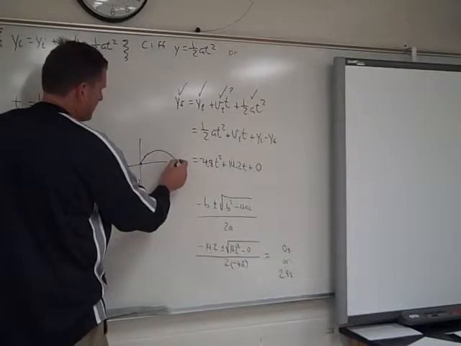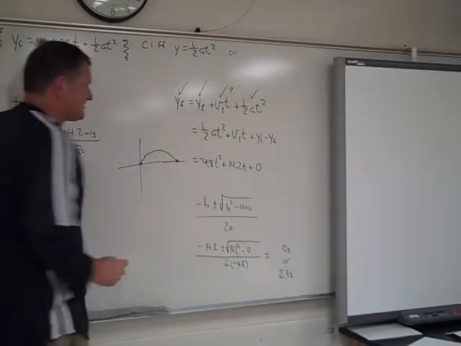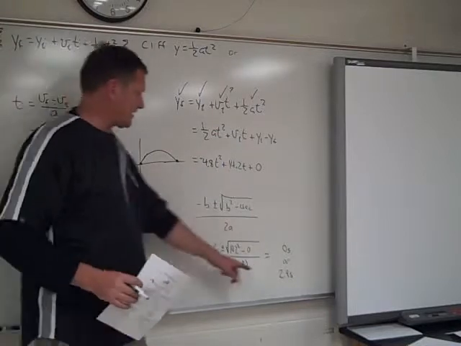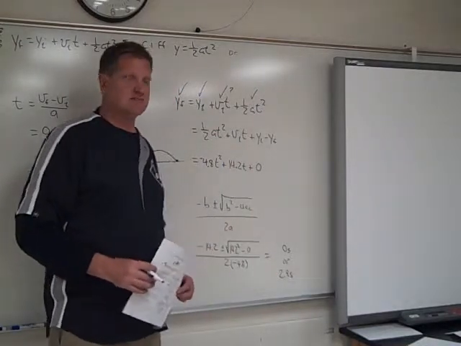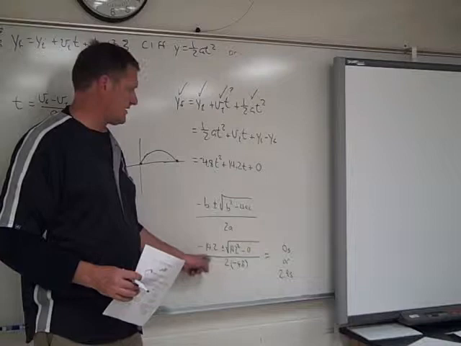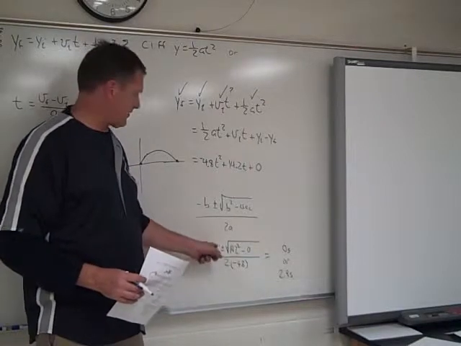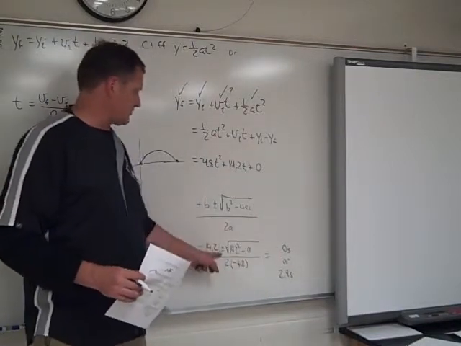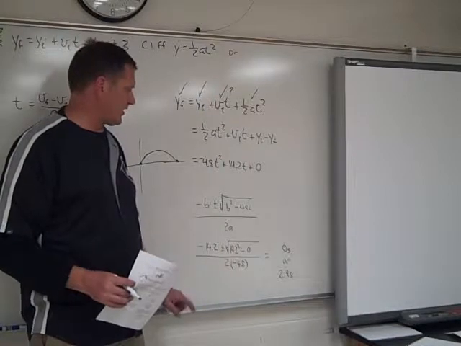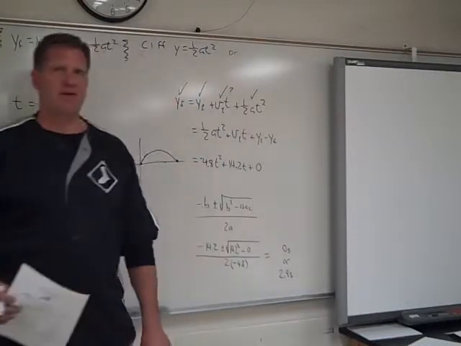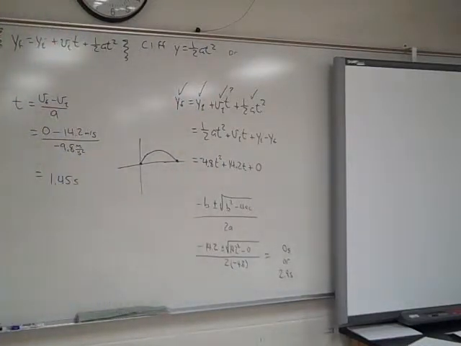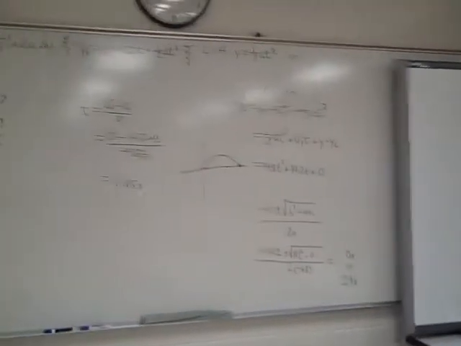And then at some time later, it's at 1 meter again, and that time later is 2.9 seconds. So if you work this out, for the plus, I believe you get 0 seconds. When you subtract the square root of 14.2 squared, you land up with 2.9 seconds. So that's the quadratic equation method.